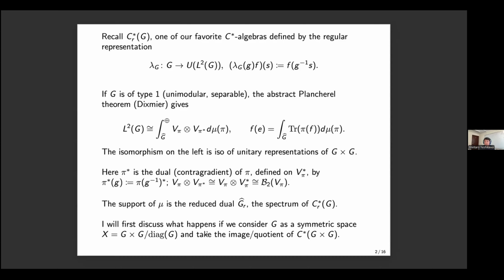So let me give you some story about this, especially in this type 1 setting. Do you understand what I want to do? I just want to consider this image quotient of C-star of G times G acting on L2 of G. I think you can imagine many things right now because I didn't specify anything.